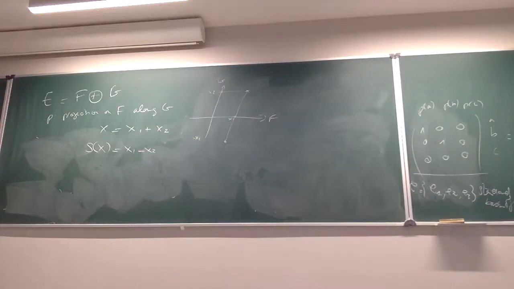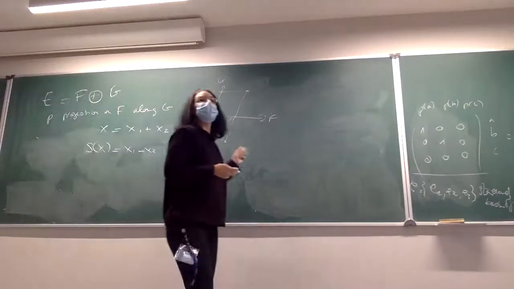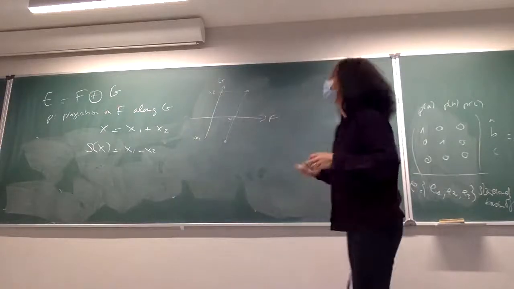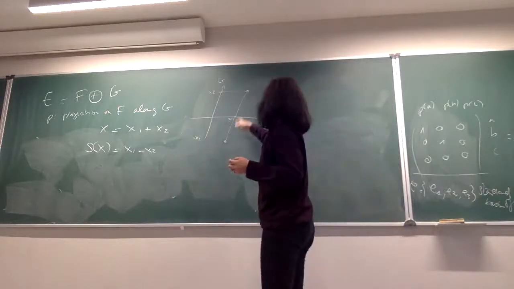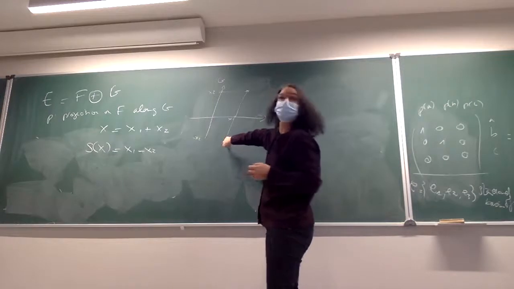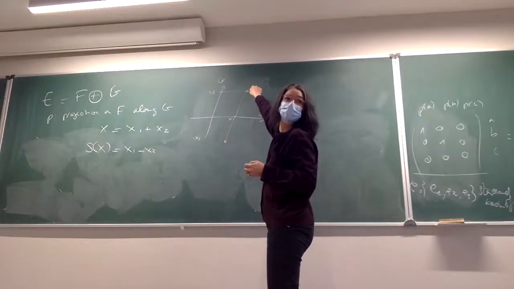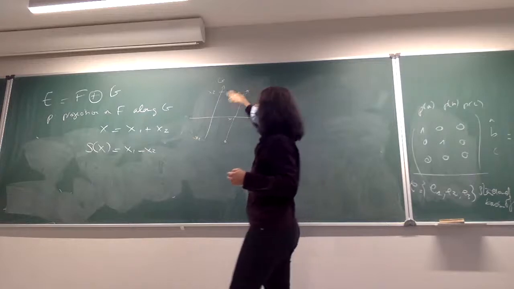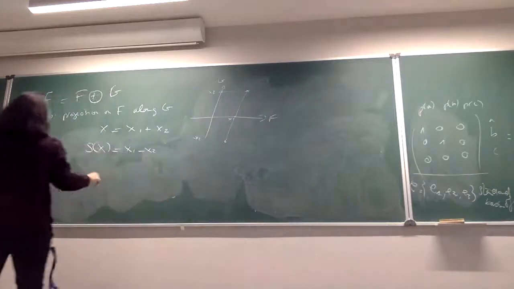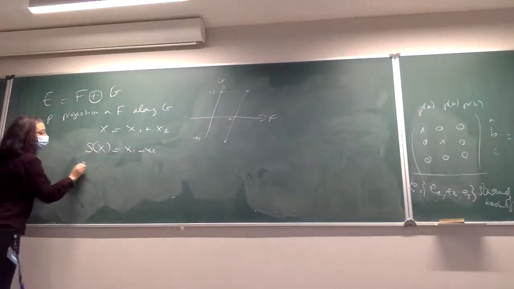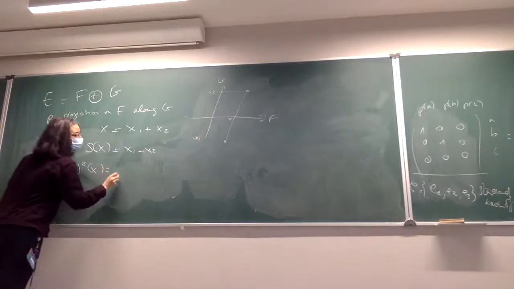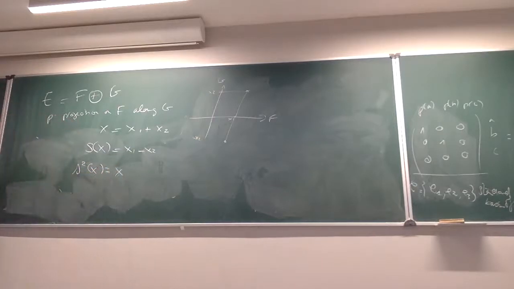Oh, there's something I had forgotten. One of the properties of the symmetry is that if you take the symmetry of that point, you get back where you started. So if you apply it twice, you're back where you started.